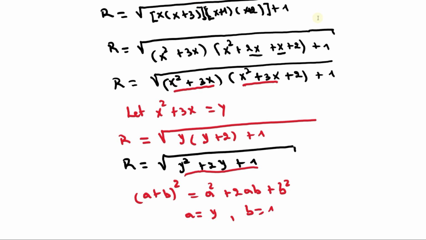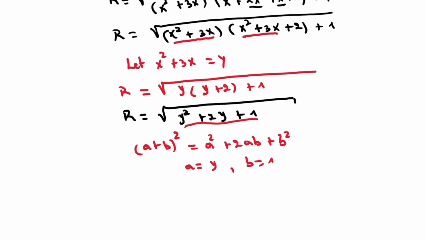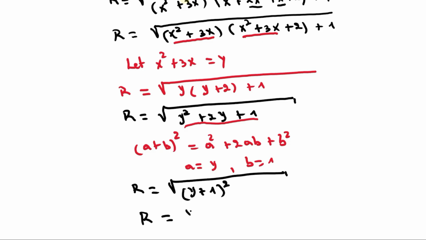Using this identity, we will get our root r to be equal to the square root of y plus 1 squared. Yes, right. And then from here you can see that r is equal to y plus 1, and it's almost done.